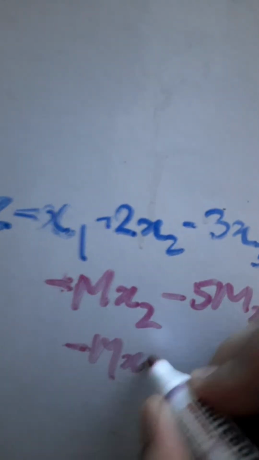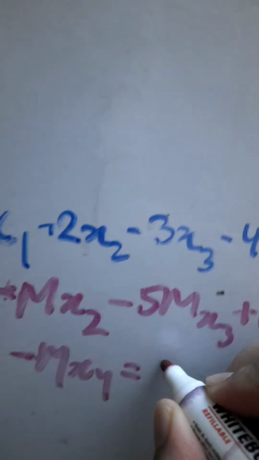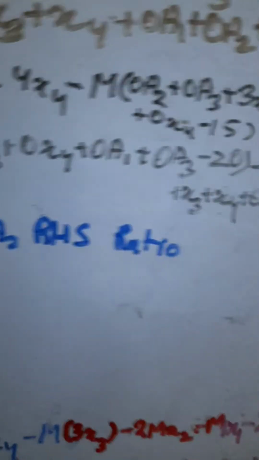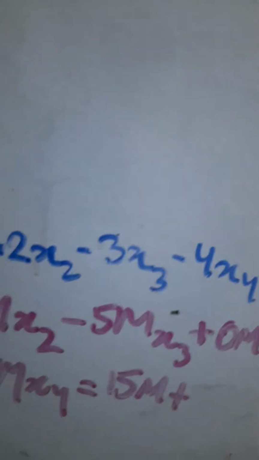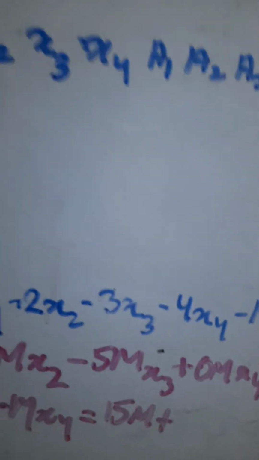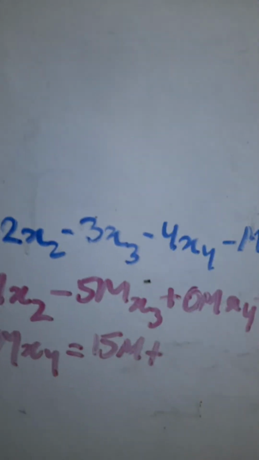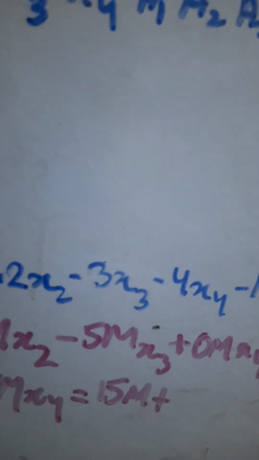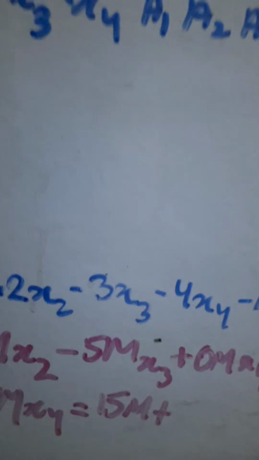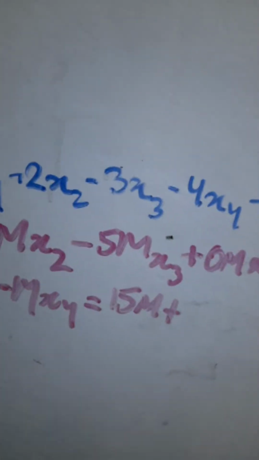Minus mx4 is equal to, now put all the RHS terms like constants on the right hand side, okay? 15m, plus, wait a second, minus 15m, right? Minus 50, no, plus 15m becomes minus 15m, sorry.